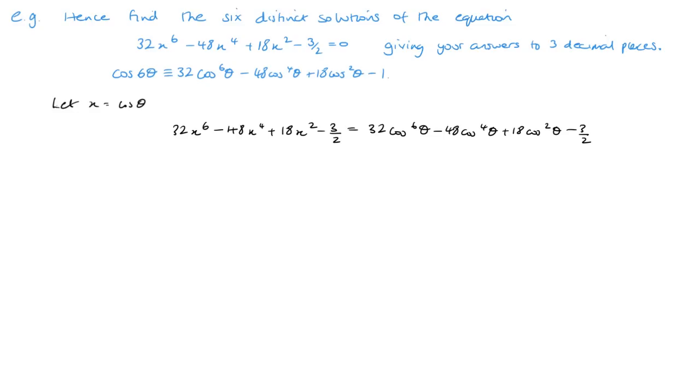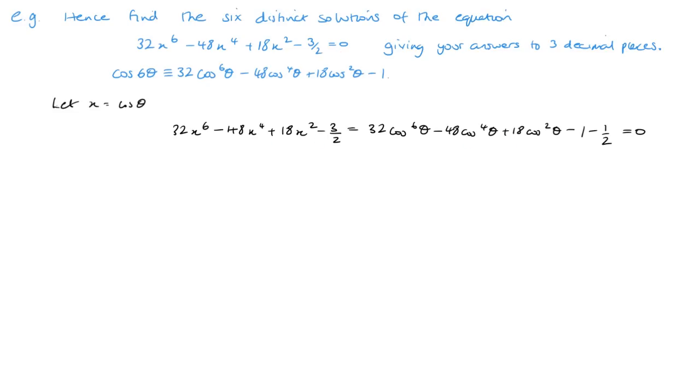Okay, and this is almost this, isn't it? That are correct, but we've got minus 1 there. So if I change this minus 3 over 2 to minus 1 minus a half, and this would be, of course, equal to 0, because this equals 0.